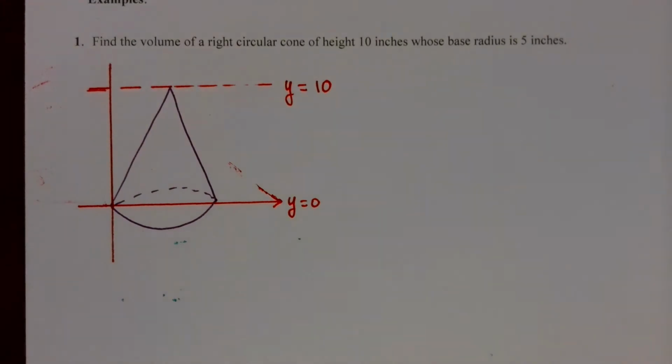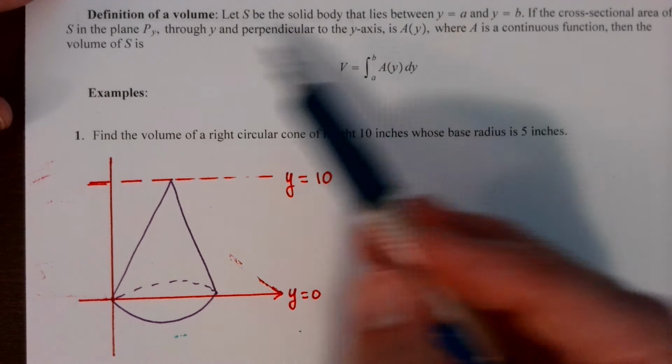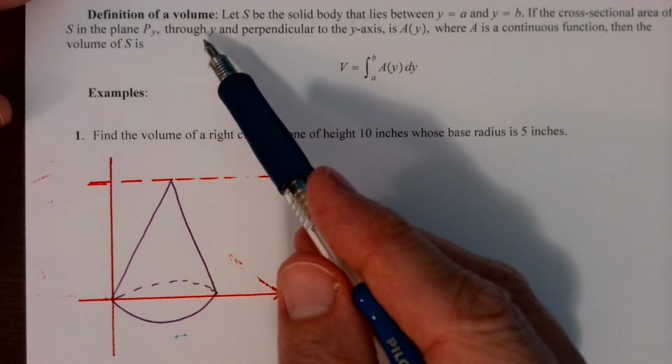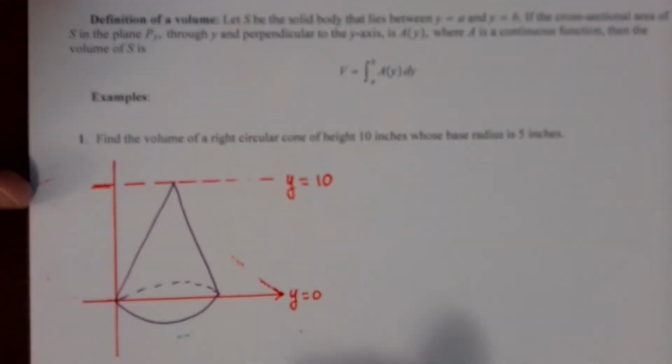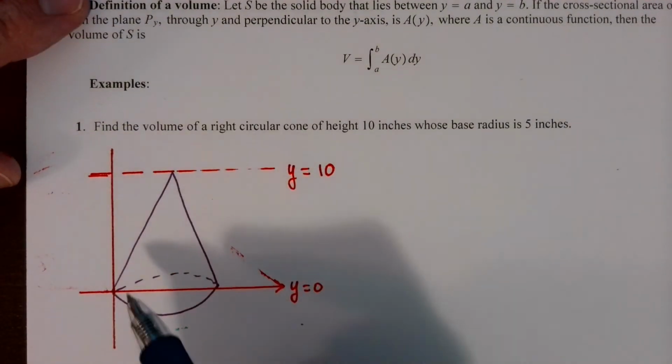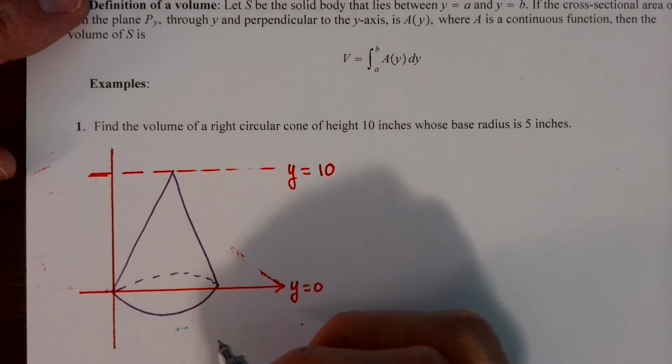And what we need to do is find this area at an arbitrary height y. Right, the area that a plane intersecting this solid body makes, what is the area of that intersection?